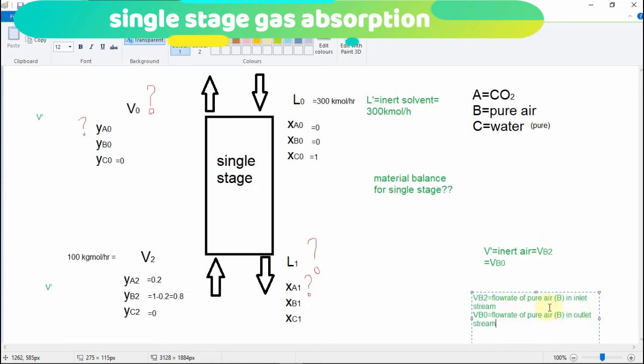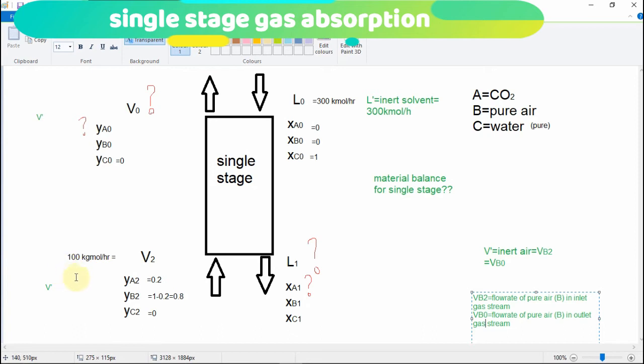Okay, flow rate of pure air B in the inlet gas stream. Okay, outlet gas stream. Alright. So these two values, VB2 and VB naught, are equal to V prime, and it will result in the same answers.